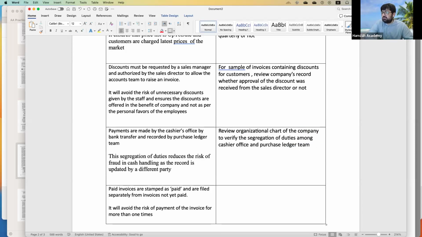Yes, segregation of duties exists for processing payments and recording the same. Now it is complete.